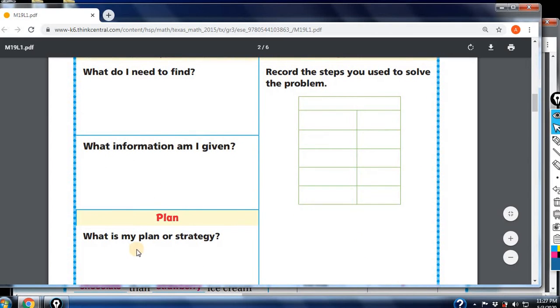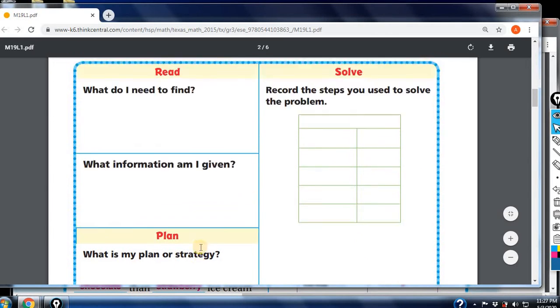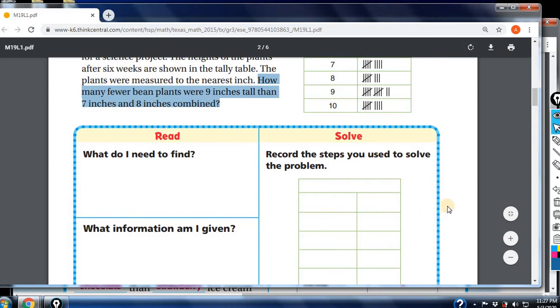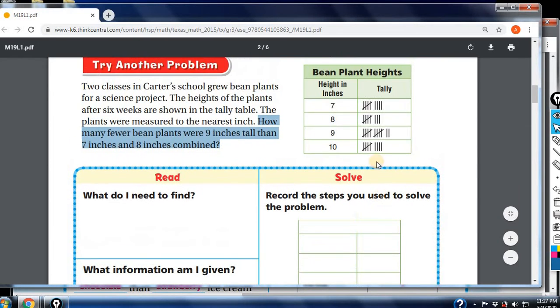What's your plan? Or what's your strategy? Well, you're going to create a frequency table and convert the tally marks into numbers and then answer the question, how many fewer bean plants were 9 inches tall than 7 and 8 inches combined.